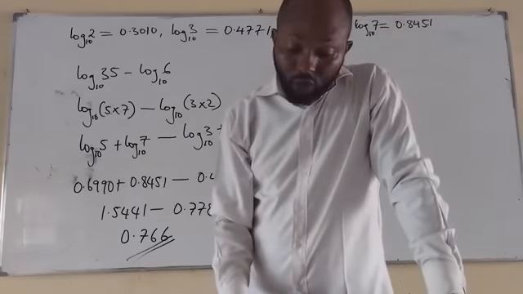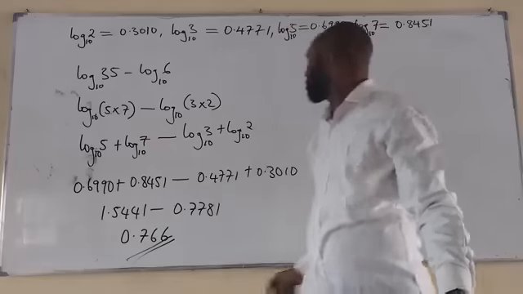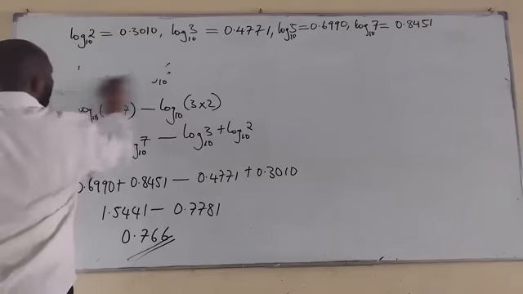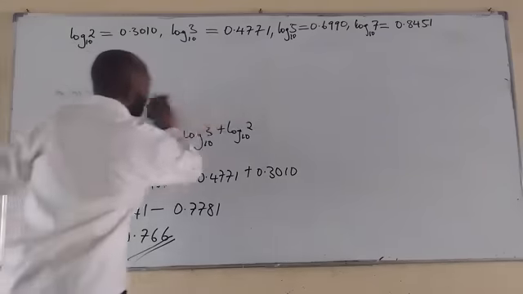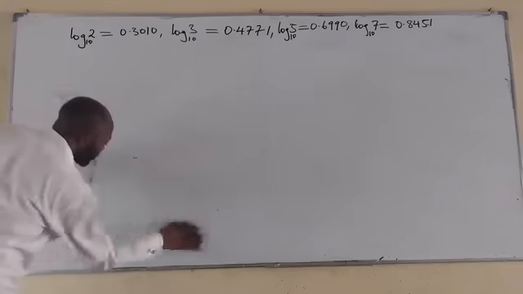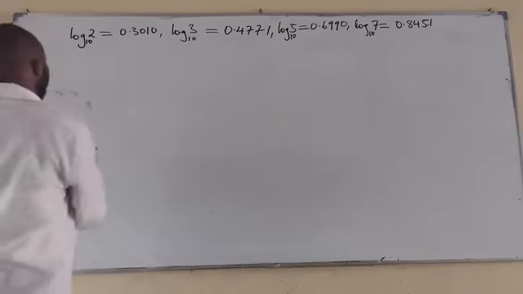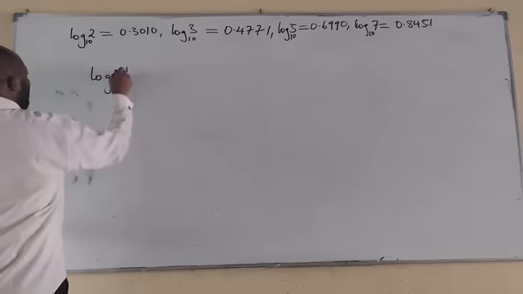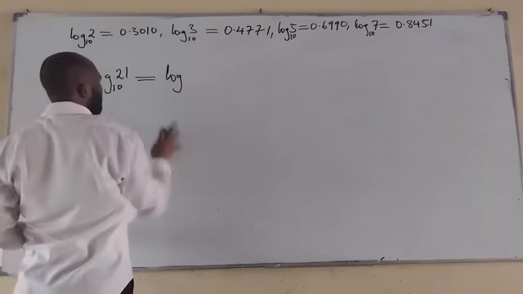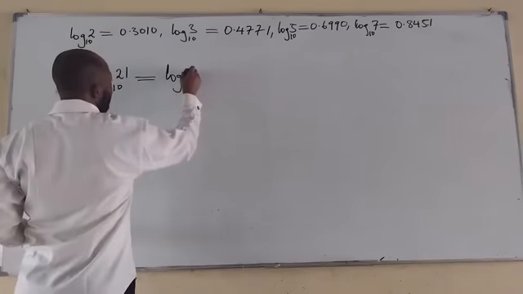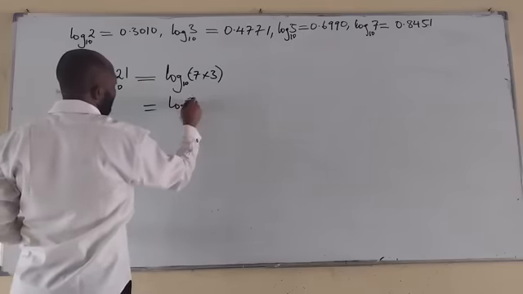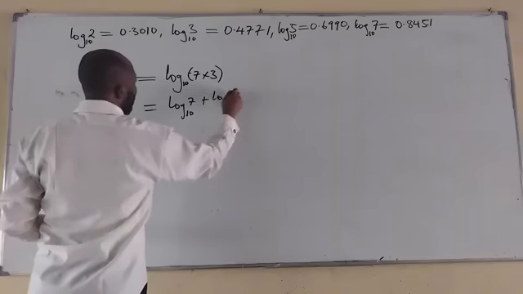Log 21 in base 10. This is the same thing as log of 7 times 3 in base 10, which is the same as log 7 in base 10 plus log 3 in base 10.